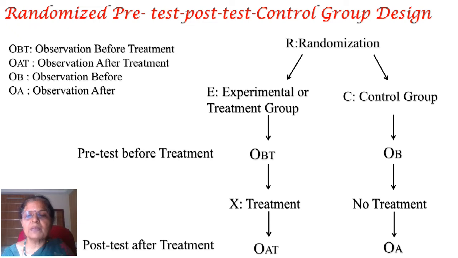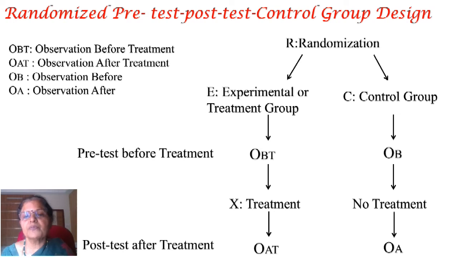Now we want to establish the cause and effect relationship between using dictionary, which is the cause here, and improvement in vocabulary, which is the effect. We are going to establish this cause and effect relationship by means of an experiment.